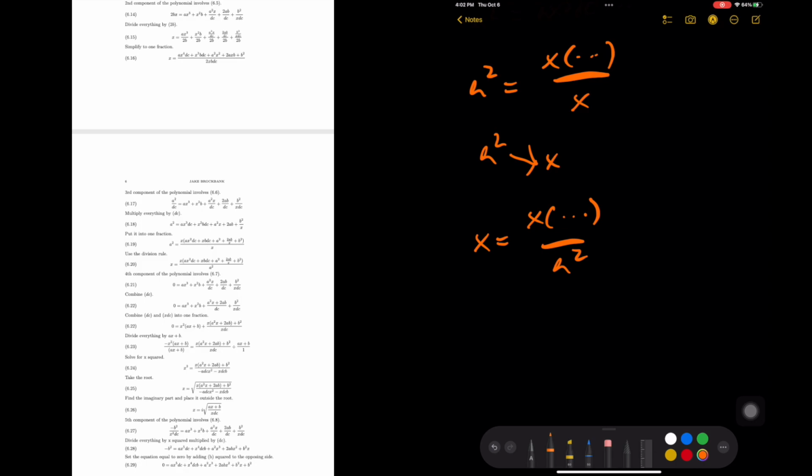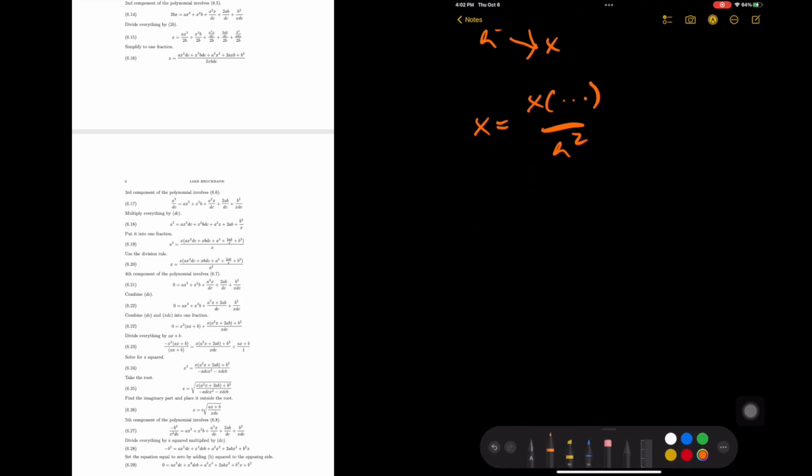Okay, now we have the fourth expression, namely we have 0. So 0 is equal to ax cubed, etc. This one's fairly simple. We're just going to combine the DCs, so the two fractions that are over dc, we'll combine those two together.